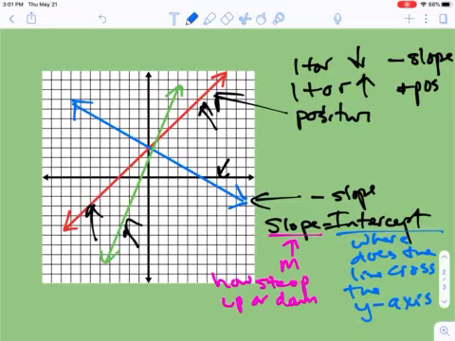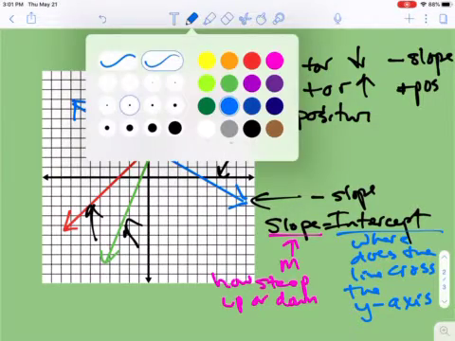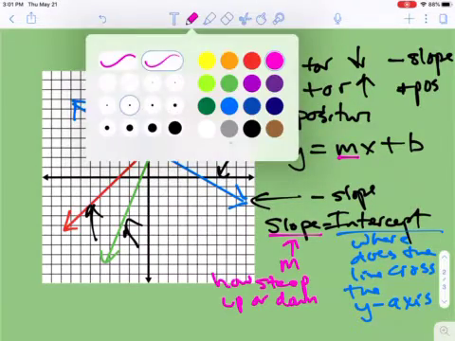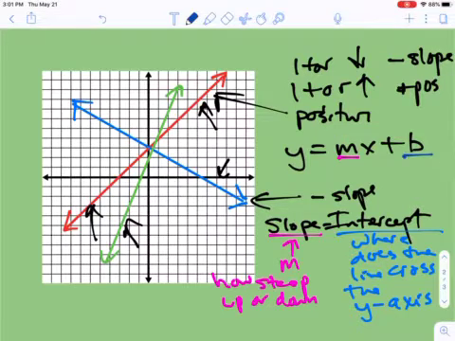The new form of the equations you're going to use, and we'll write that equation up here, even though it was on the first page, is y equals mx plus b. It has our slope right here, and then it's got our y-intercept right there.